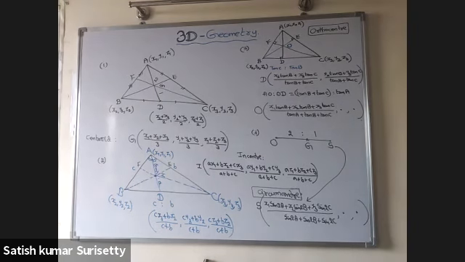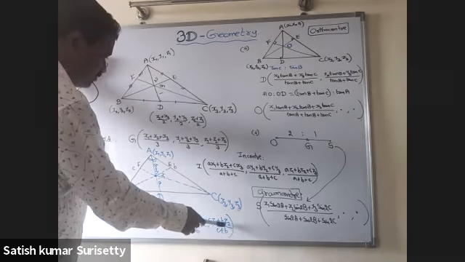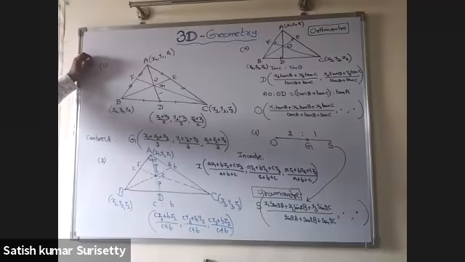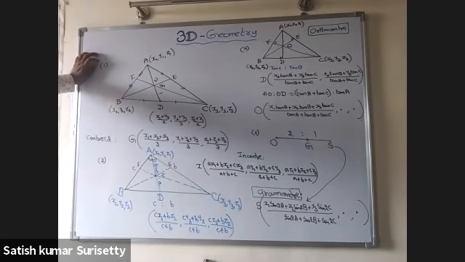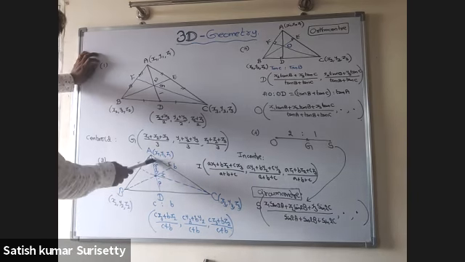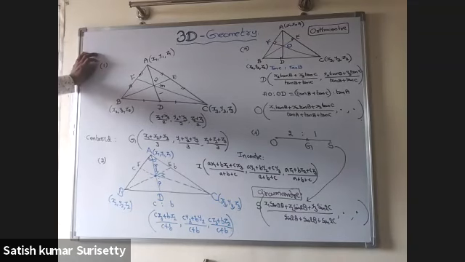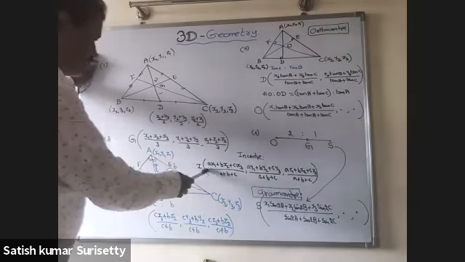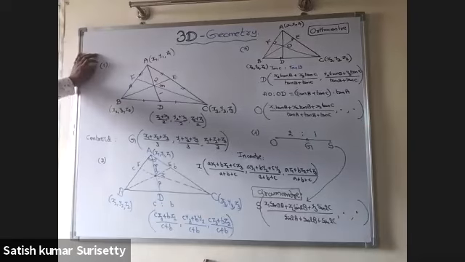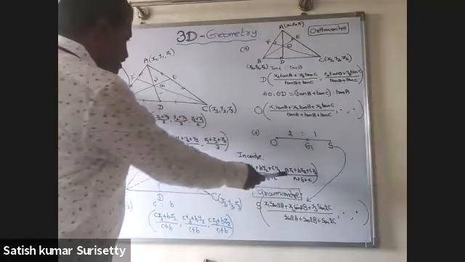So coordinates of D are (cx3 plus bx2 upon c plus b, cy3 plus by2 upon c plus b, cz3 plus bz2 upon c plus b). And we can prove that I divides AD in the ratio of b plus c:a. Hence, the coordinates of the incenter are ax1 plus bx2 plus cx3 upon a plus b plus c. In the same manner, y coordinate and z coordinate.